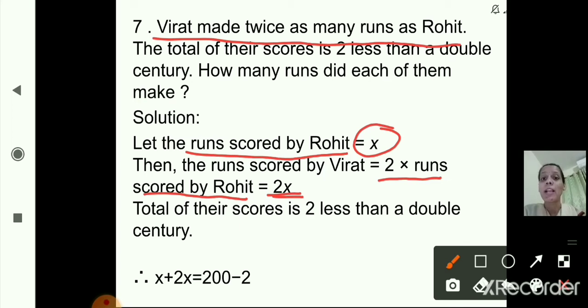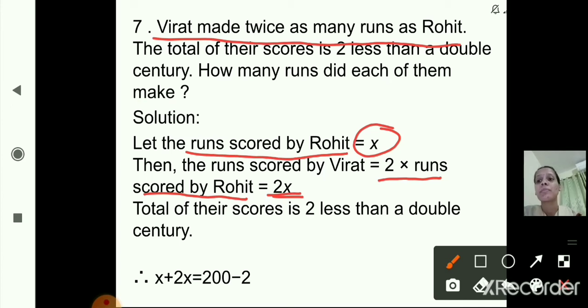Hope you are clear with this. Why are we taking 200 minus 2? Because in the question it is given that the total of their scores is 2 less than a double century. Century means 100, double century means 200, and 2 less than a double century means 200 minus 2.